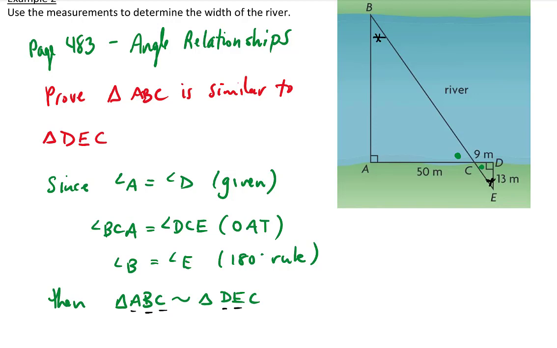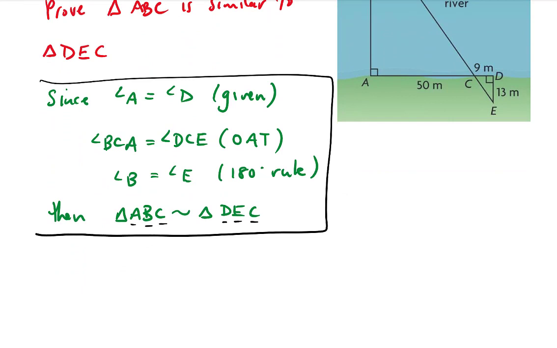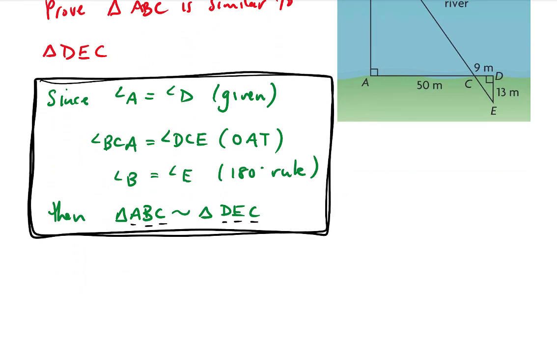And angle C equals angle C, that's the opposite angles given here. So now we've shown that these triangles are similar. Now we can just use scale factors or ratios to solve the problem.